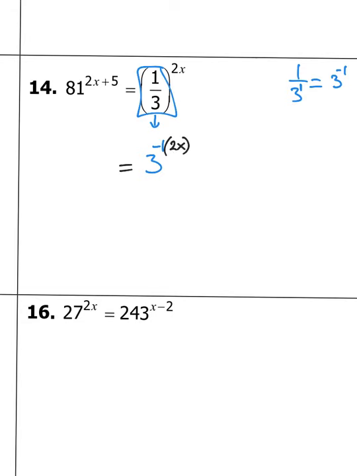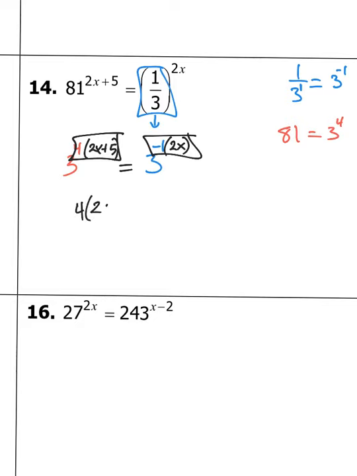And then on the left side, how can I write 81 as base 3? Well, that's 3 to the 4th. And again, I would have the graphing calculator handy for this lesson, or for this homework. Now that I have the same base, I can get rid of them and set the exponents equal to each other.